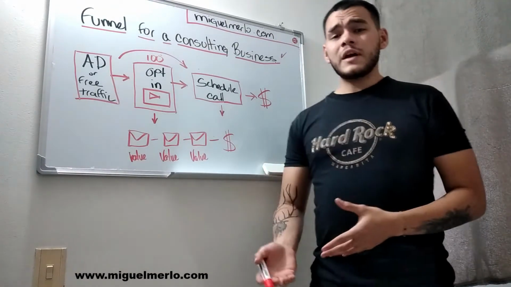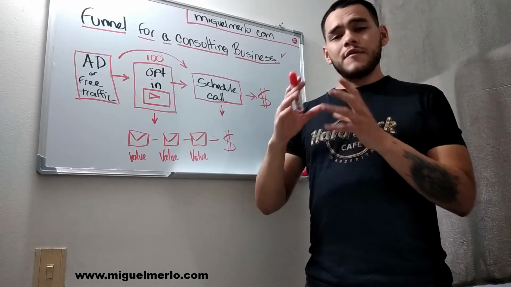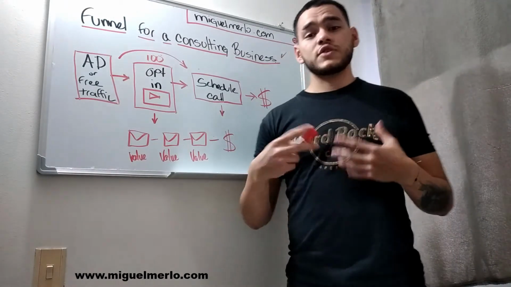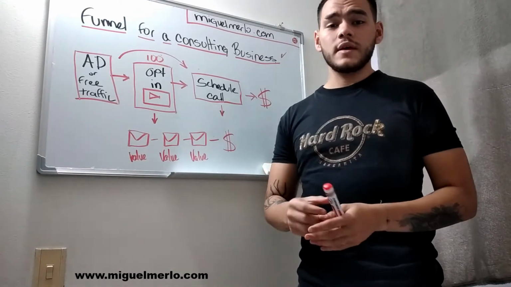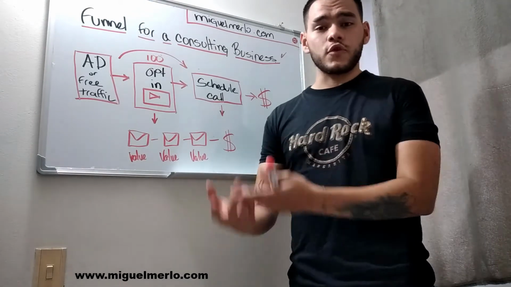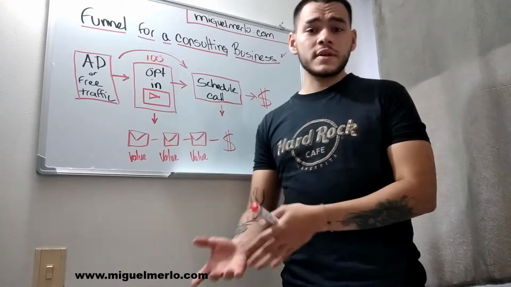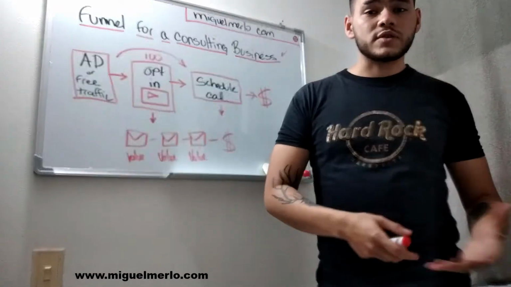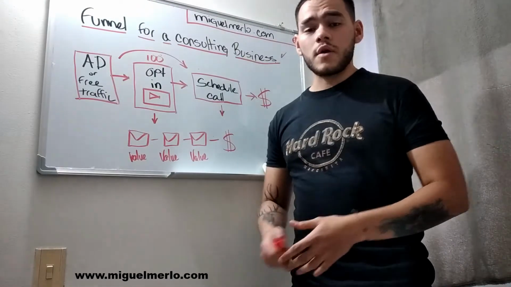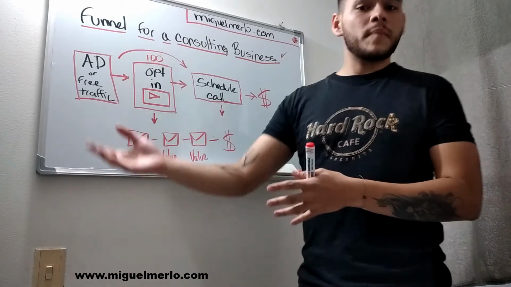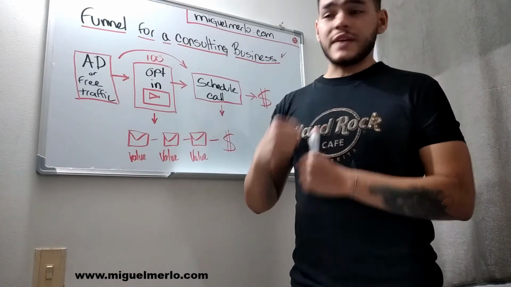Why do you want an email address? Because having an email list is something that can assure you that you will have an asset online, right? You want to have an asset for your business. If you have followers on Instagram, on YouTube, on Twitter, I don't know, these companies maybe can shut down tomorrow.